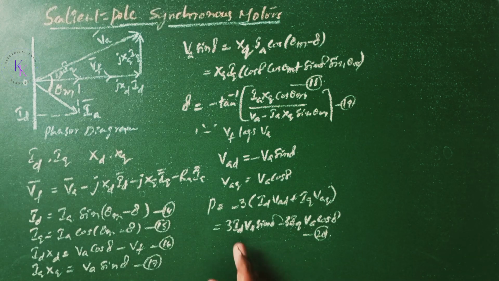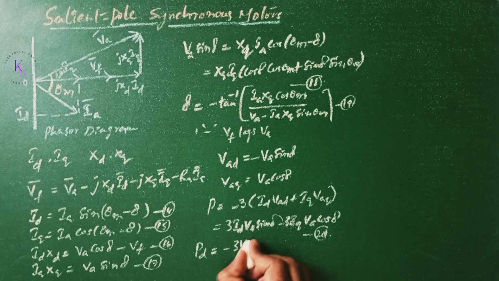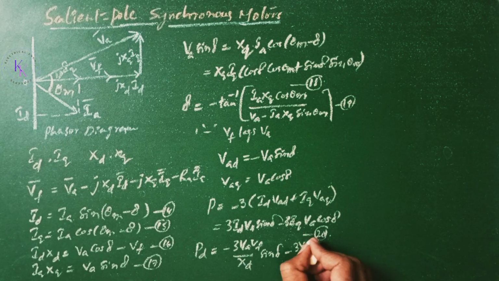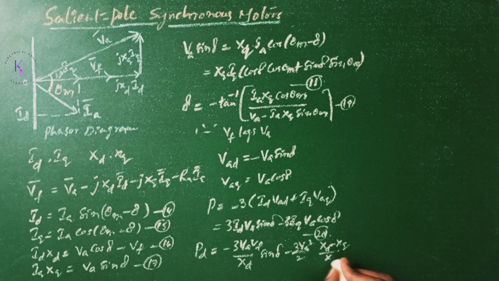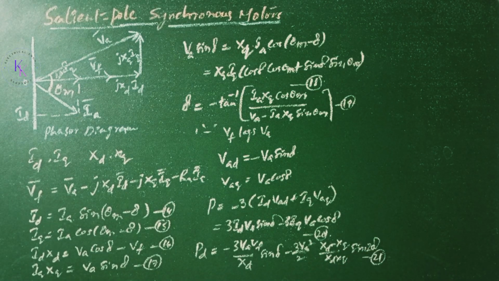Now substituting the values of Id and Iq from equations 16 and 17 respectively, the power Pd equals minus 3 Va Vf divided by Xd sin δ minus 3 Va squared by 2 times (Xd minus Xq) divided by Xd Xq sin 2δ. Let it be 21.